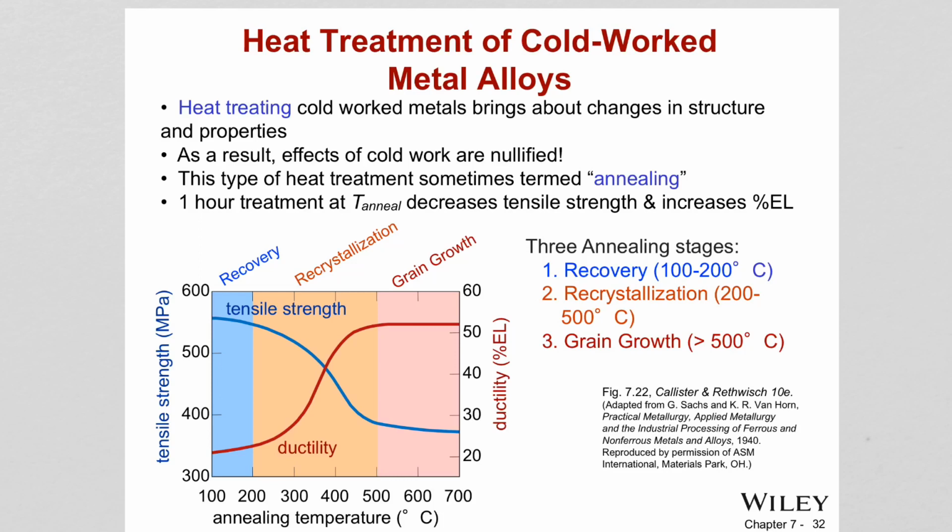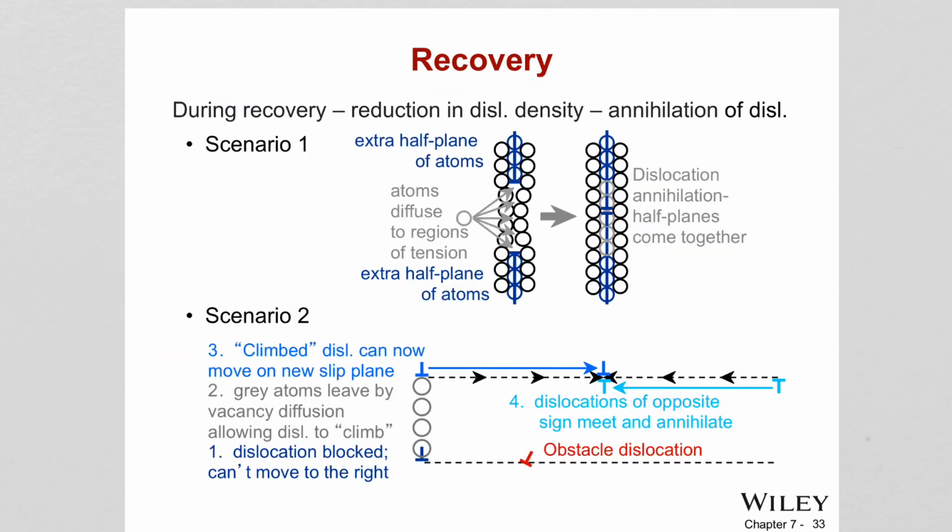You can keep increasing the temperature, but as you do, the grains will start to grow. So if you want to optimize, you can find a certain annealing temperature which will give you the best performance. In the recovery stage, what happens is a reduction in dislocation density.